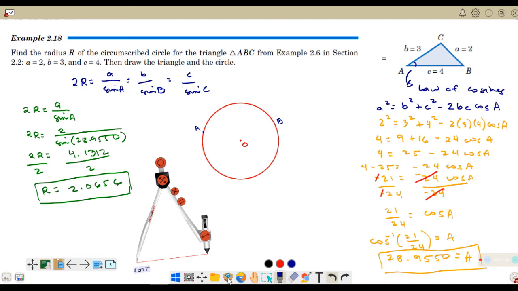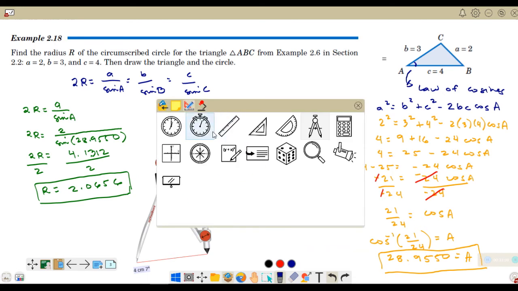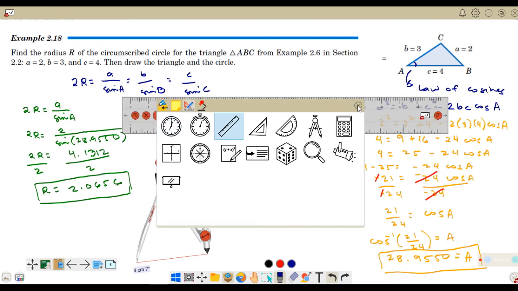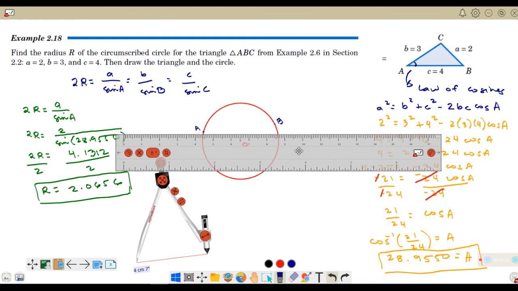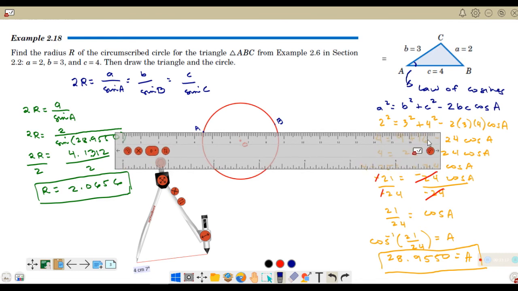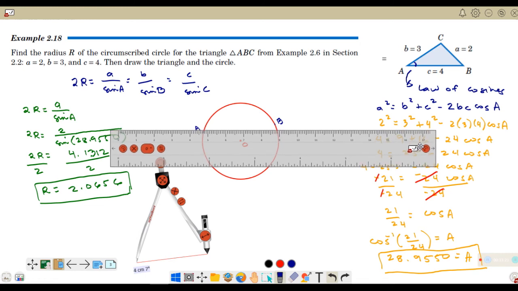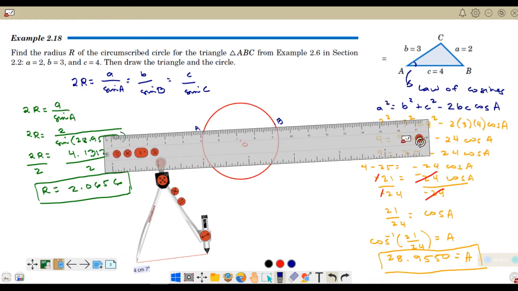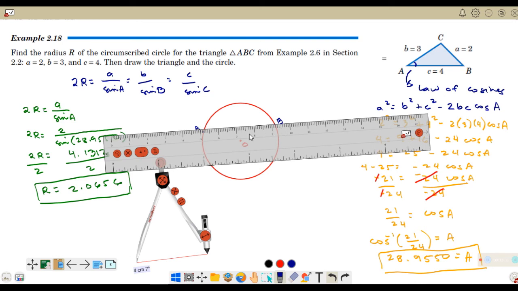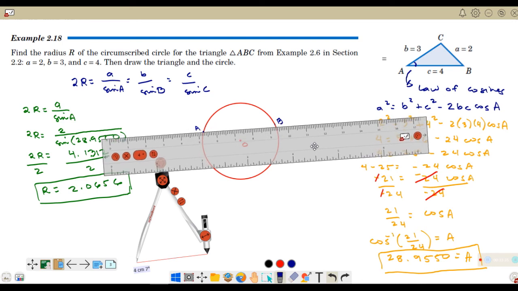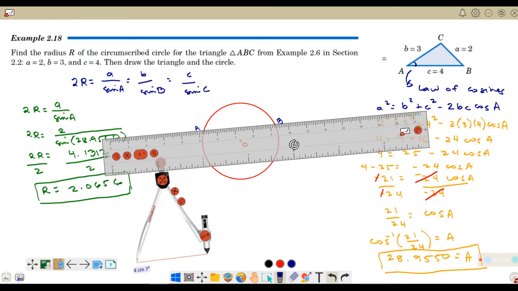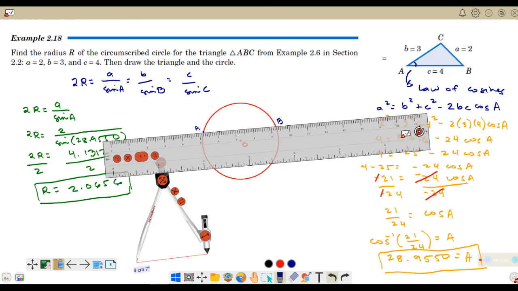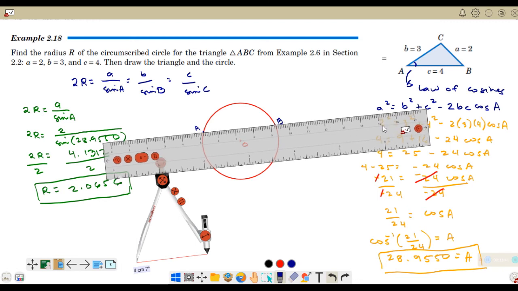Kuha tayo ng iba pang tools. Drawing tayo ng line. Yan. Lagay tayo ng ruler. Pagdikitin natin si A at si B. Yan.